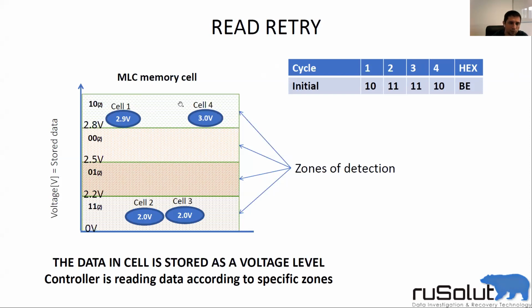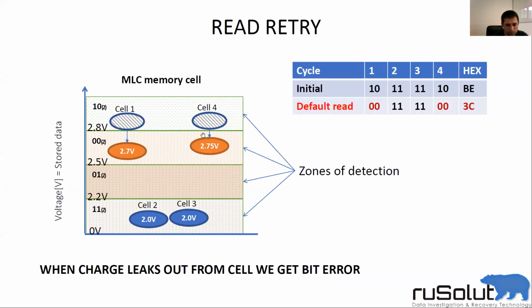So that's a normal memory cell with the normal thresholds. This is one threshold, next, and so on. And a good memory cell has these thresholds like from the very first moment, from the beginning. But the thing is that after some time, some memory cells may lose their charge. For example, if it was in the beginning 2.9 and 3 volts, after some time two of these memory cells may lose charge.